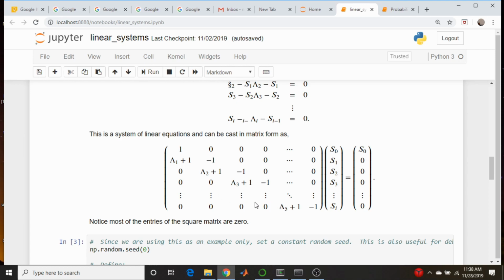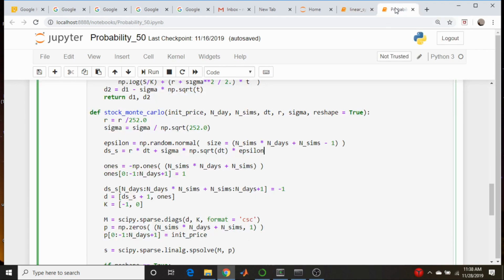So you're going to have one fewer element than in this main diagonal. So that's where that comes from. So let's go back here, and you notice that this ones vector does not have that additional minus 1. So that's where that came from. Maybe it would have been clearer had I done the ones first and then the epsilons later, but oh well.